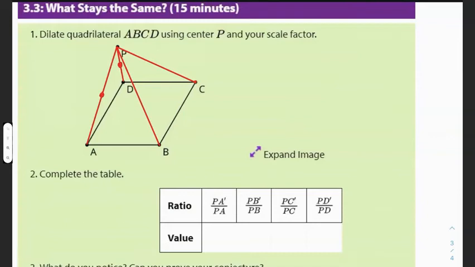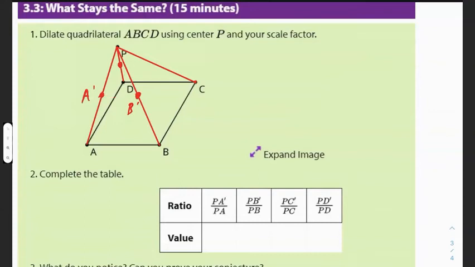I think I went a little too far on that one. No, right here. There we go. The reason I know it's right there is because A and B are perfectly horizontal across to one another. So A prime, B prime is going to do the same thing. So orientation is similar. Different spots, but very similar.